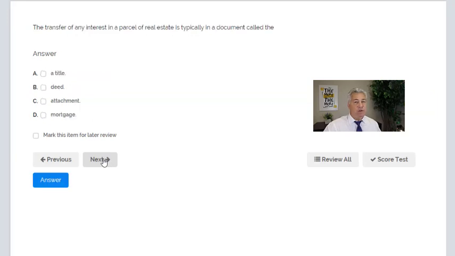Okay, our next question. The transfer of any interest in a parcel of real estate is typically in a document called the A, title, B, deed, C, attachment, or D, mortgage. How do we transfer ownership?